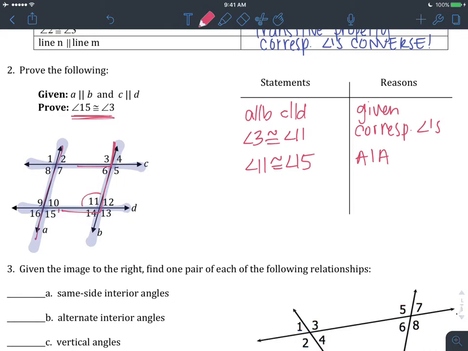So 11 is congruent to 15. And if 3 is congruent to 11 and 11 is congruent to 15, then that means angle 3 is congruent to angle 15 by the transitive property. And that is it for our second proof.